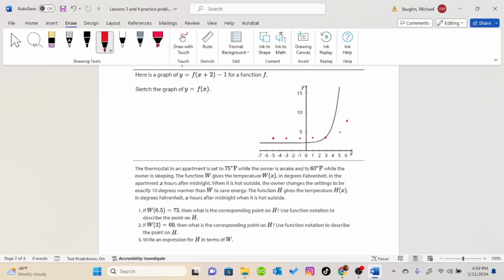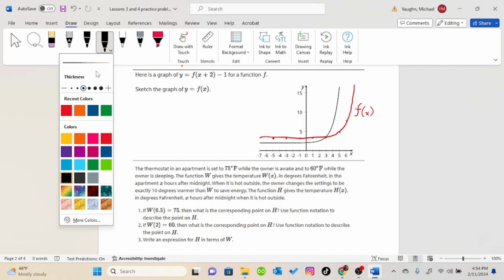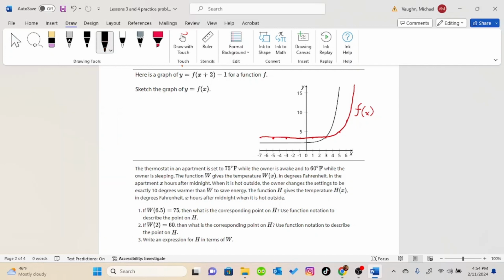And now we could draw this graph. And we could say that this was f of x if the graph that they originally drew was f of x plus 2 minus 1.